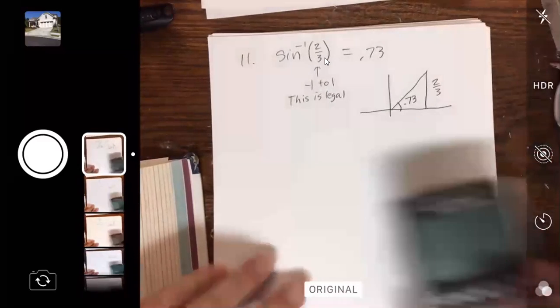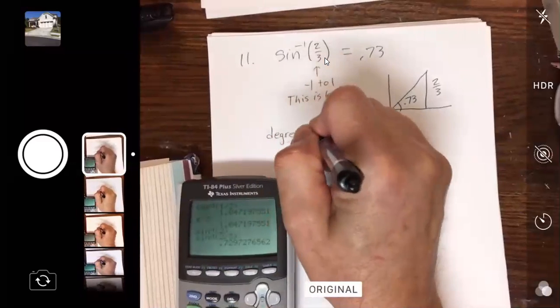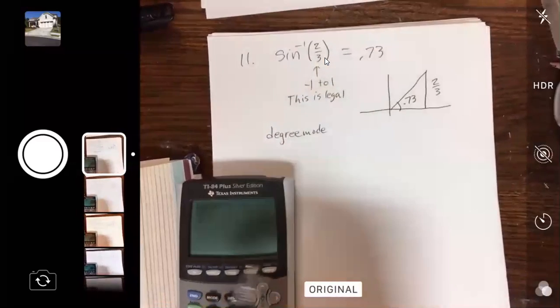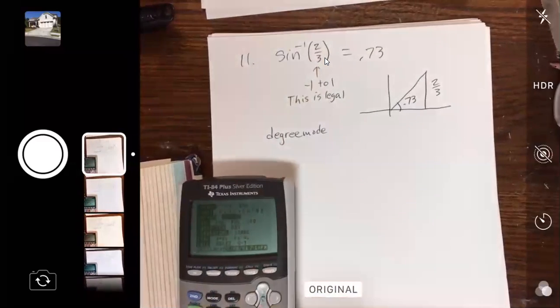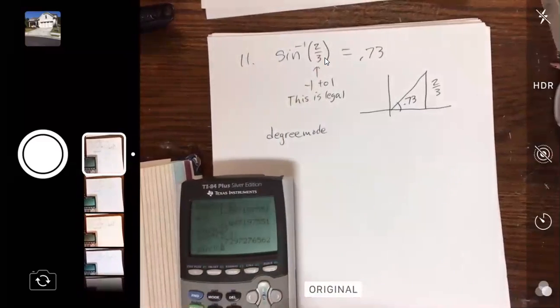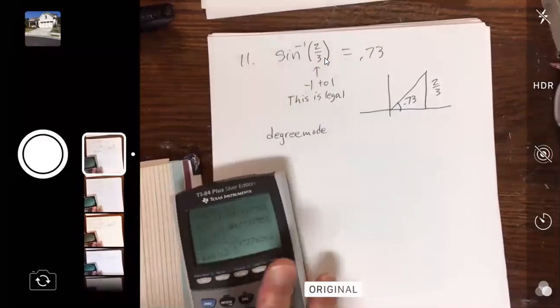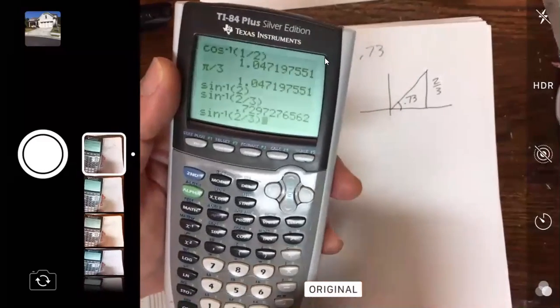If you punch it in degree mode, arcsine of 2/3. I switched it to degree mode, so arcsine of 2/3.